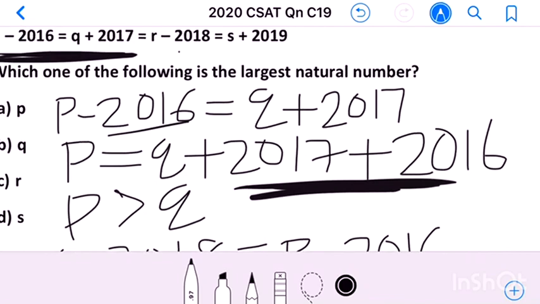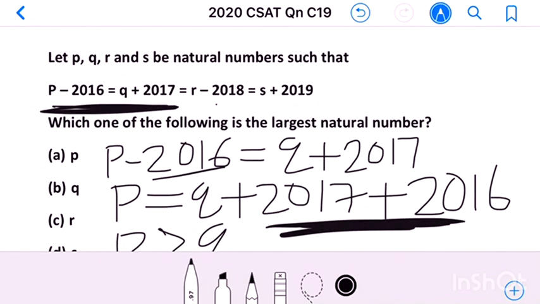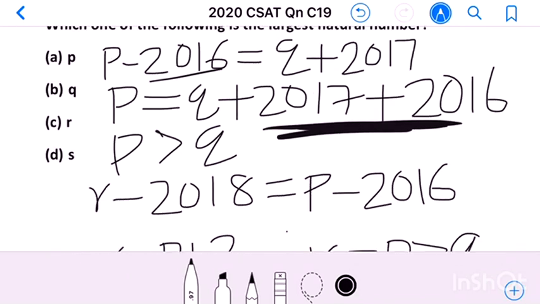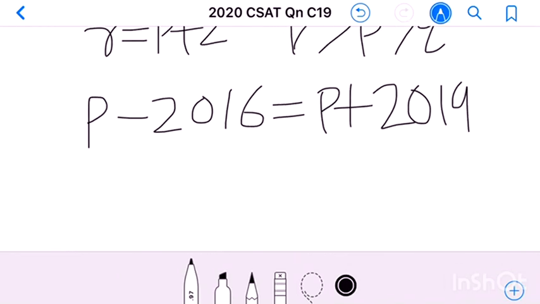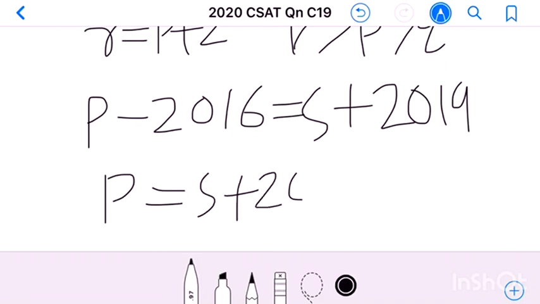Now let us compare the first and last terms. P minus 2016 equal to S plus 2019. Then P equal to S plus 2019 plus 2016.